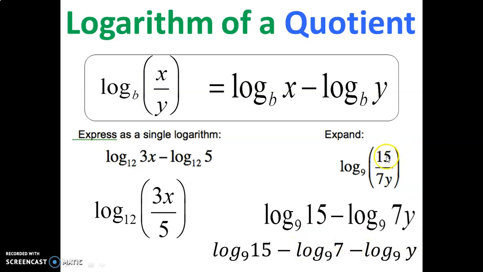Another way to look at that is, in the numerator we have 15, so there's our 15. In the denominator, we're dividing by both this and this, so minus that one and minus that one, because they both began in the denominator there.